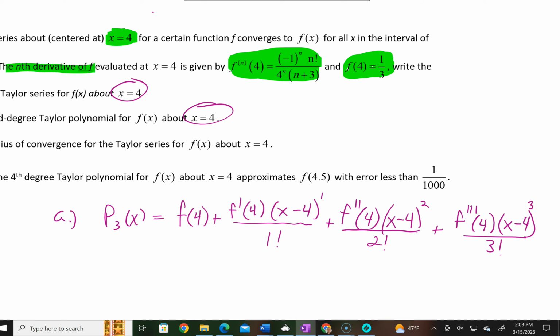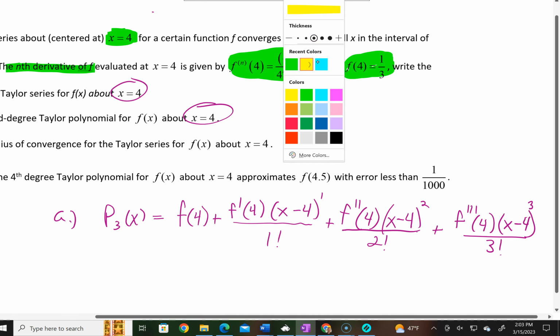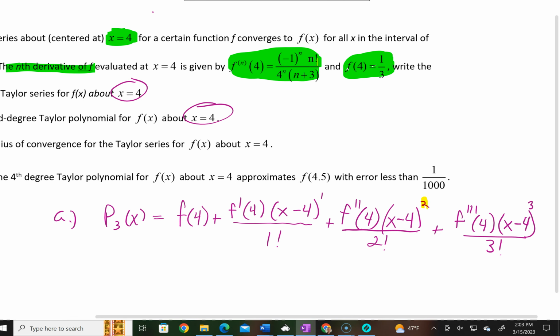And a couple of things to review and remember. No matter what term you have, if you have the second term, you've got the second derivative, you've got that 2 factorial. That's always going to be the case. But there's another issue at play. You're always going to have x minus where you are centered, and where you are centered gets plugged into every derivative or even the original function.